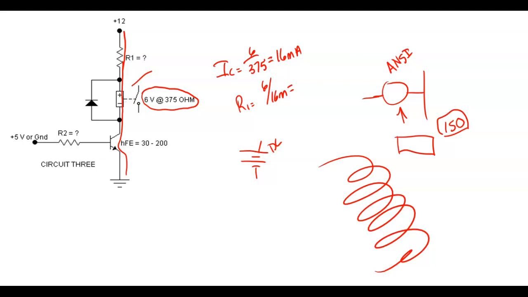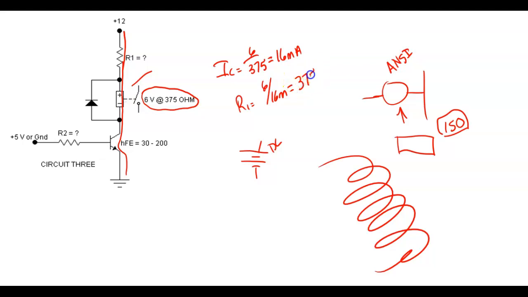You got your worksheet, Tom? So why do we come up with R1? What's the calculated value? 375.